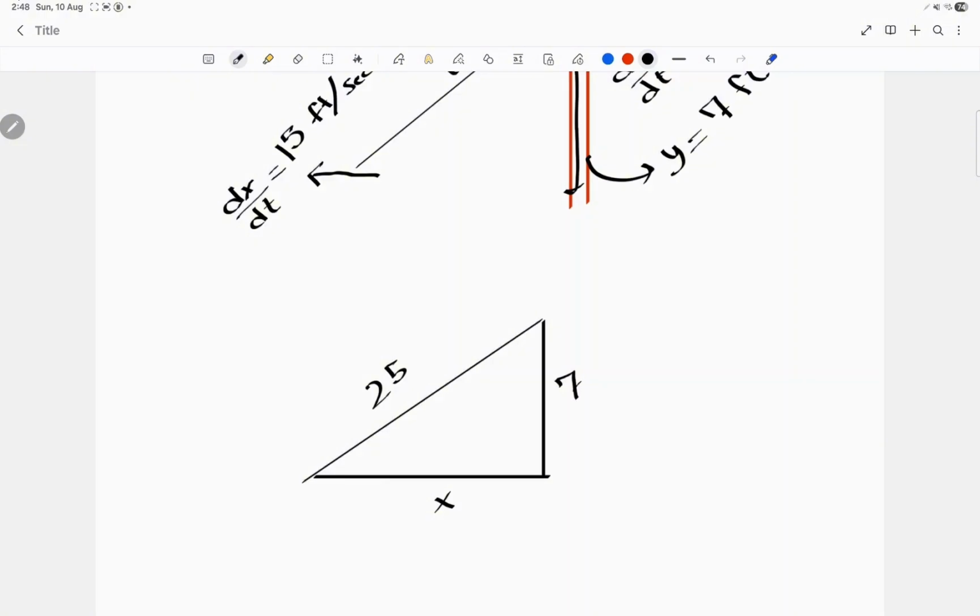Please find me the x. Find me how far that ladder is from the wall. Do we need to use tan or cosine? We're going to use Pythagoras, as Yasin would call it.